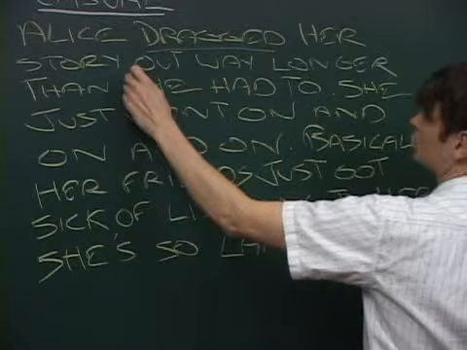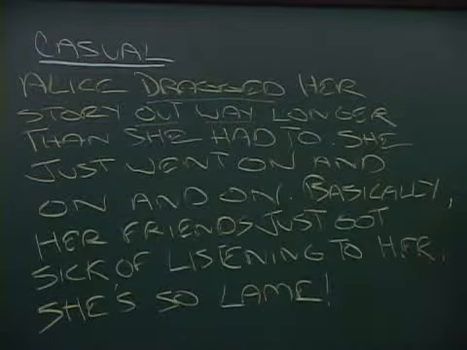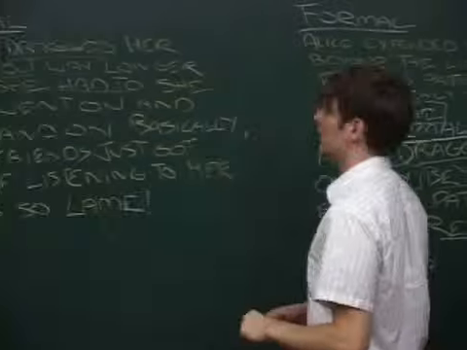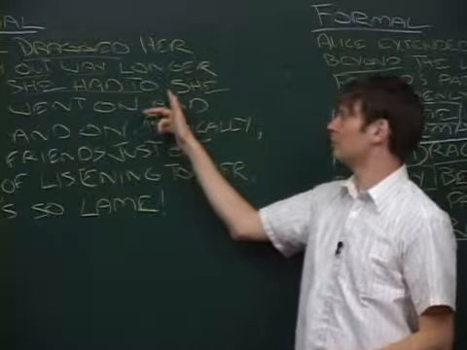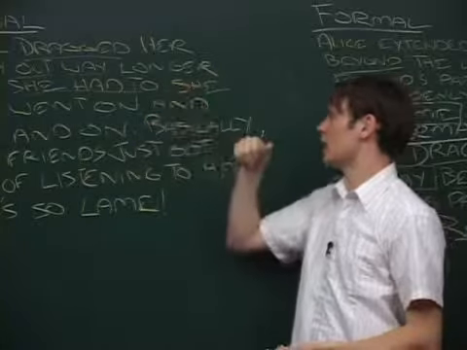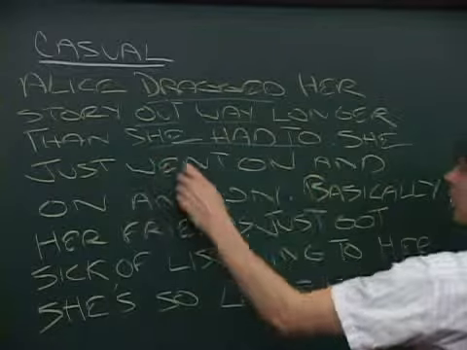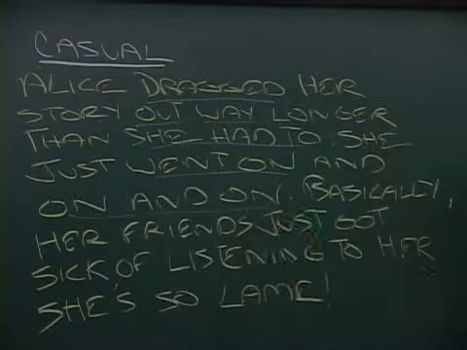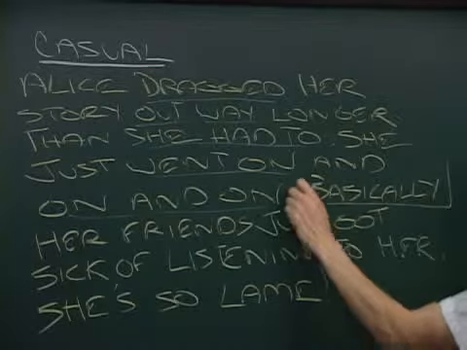Now, you notice we still maintain our idiomatic expression here, dragged out, and then we use way longer, and then I just use this very casual, then she had to. And then I don't even bother with a semicolon. A semicolon feels a little bit too formal, so I just stop. And then I just say, she went on. Another idiomatic expression, on and on and on, right? And then I use this basically.